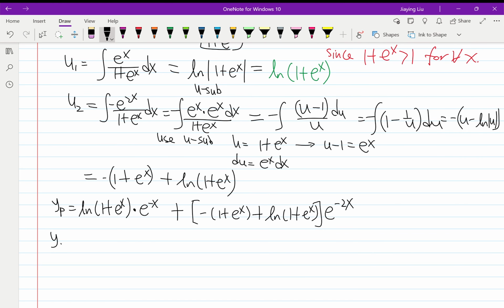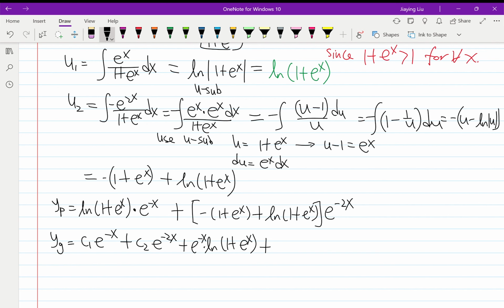And then the general solution is going to be homogeneous, so c1 e to the negative x plus c2 e to the negative 2x. That's a homogeneous solution. Plus this particular solution, which is long. So I'm going to put it in there, and I'm going to distribute the negative, and I'm going to distribute e to the negative 2x into this bracket. So that will be natural log 1 plus e to the x times e to the negative x. We usually put it in front of the natural log.